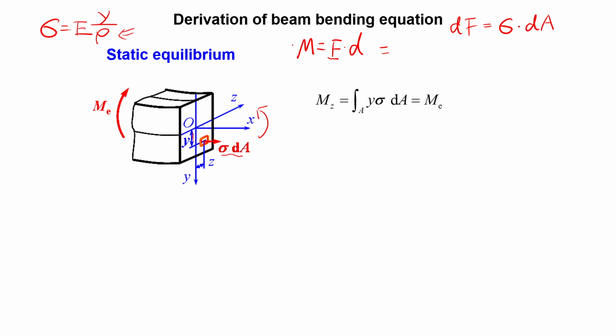Let's say a tiny amount of moment from that small area is equal to a tiny amount of force dF times the distance y. So that will equal sigma times dA times y. And if we rearrange it, just y sigma dA.